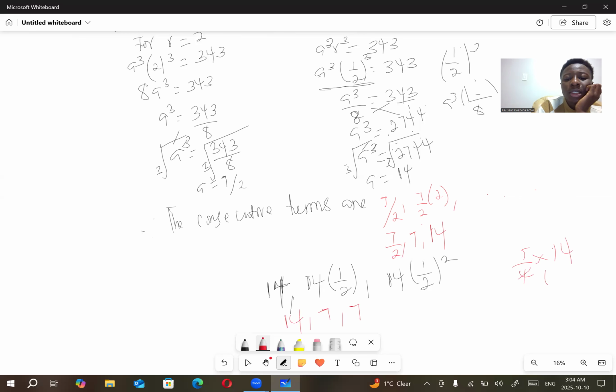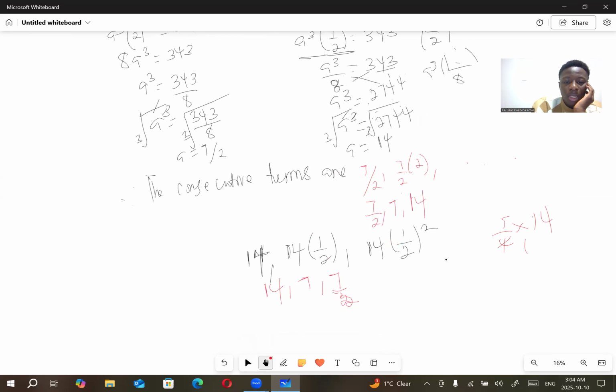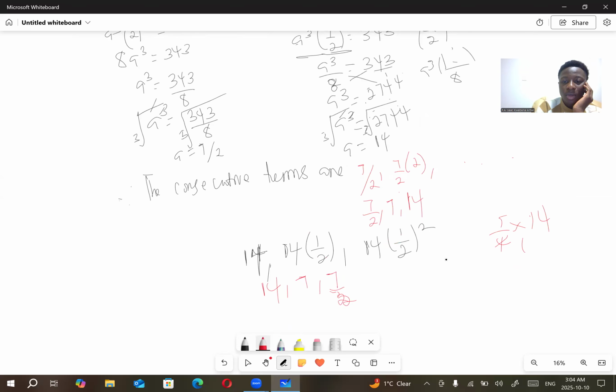So you see the consecutive terms are the same. They are the same: 14, 7, 7 over 2, or 7 over 2, 7, 14. Those are the 3 consecutive terms. What is important is they are consecutive; they follow one another.